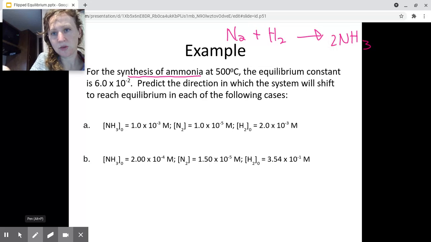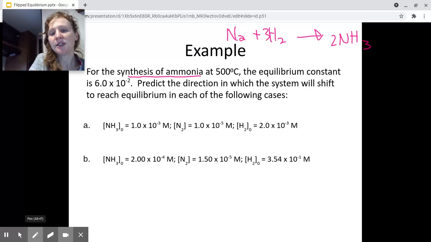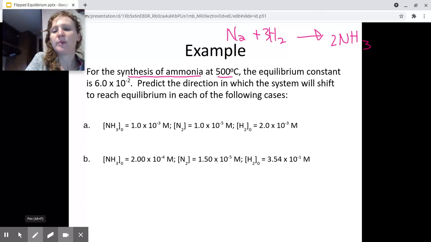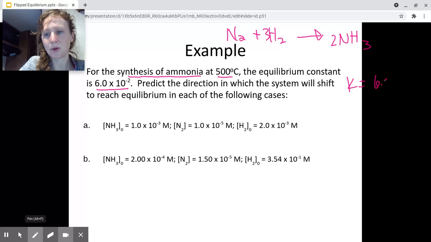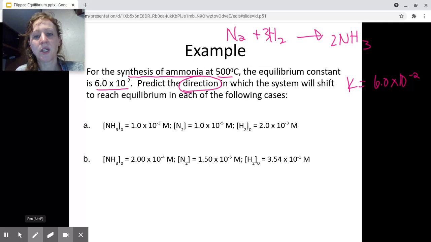This has to be 2, this has to be 3. Okay, so synthesis of ammonia. Here's our temperature at 500 degrees Celsius. Equilibrium constant they give to you. So K, we know already, 6.0 times 10 to the negative 2. Predict the direction in which the system will shift to reach equilibrium.